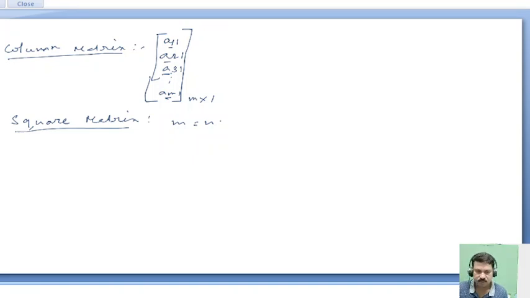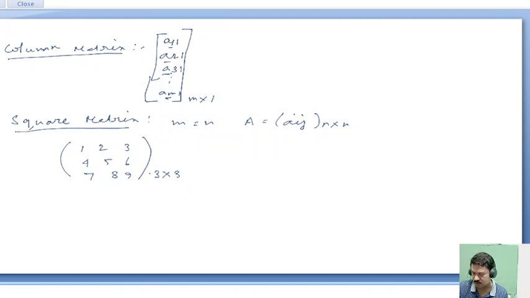We may write A equals to Aij, n cross n. As an example, we may write here 1, 2, 3, 4, 5, 6, 7, 8, 9. Here the number of rows and number of columns are equal. This is a square matrix.